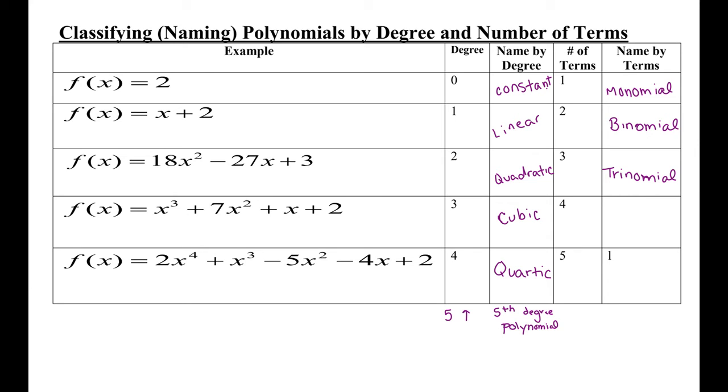And then 4 or above is going to be a 4-term polynomial or a 5-term polynomial, and so on. We will talk about examples that you tried on your own tomorrow in class.